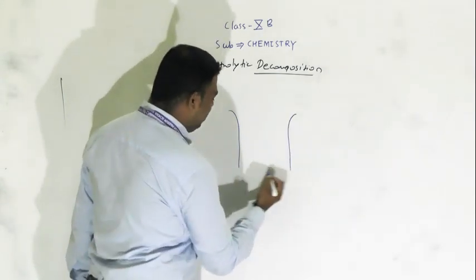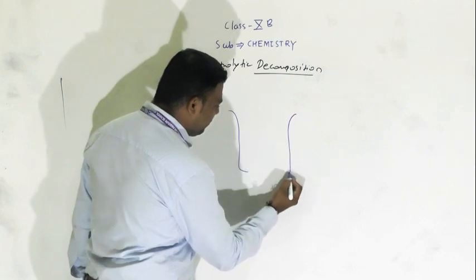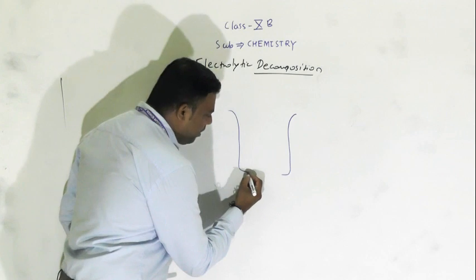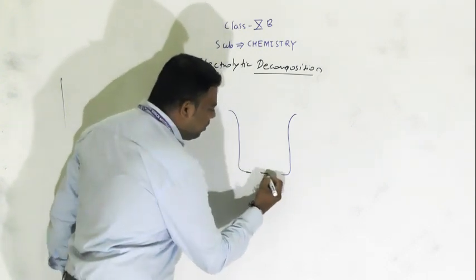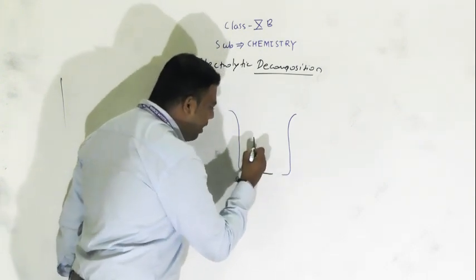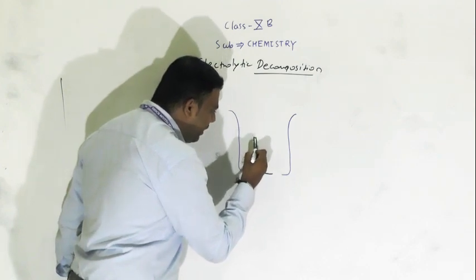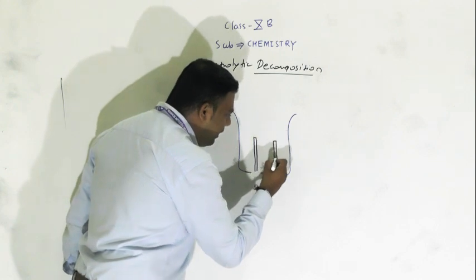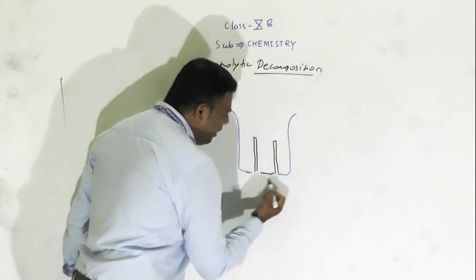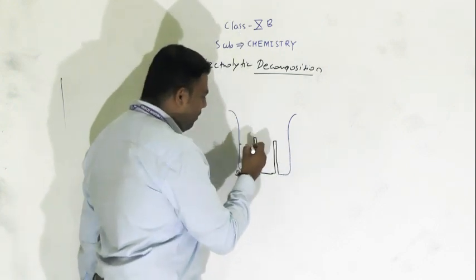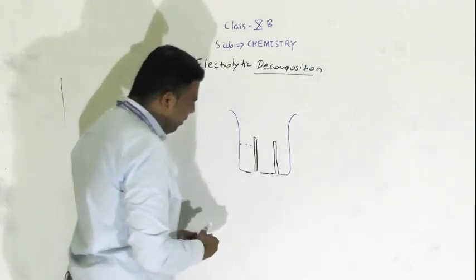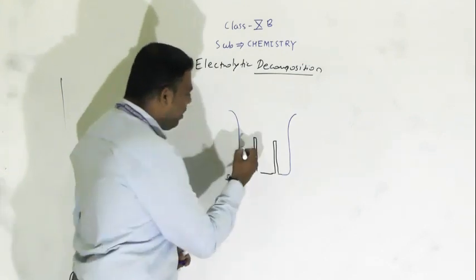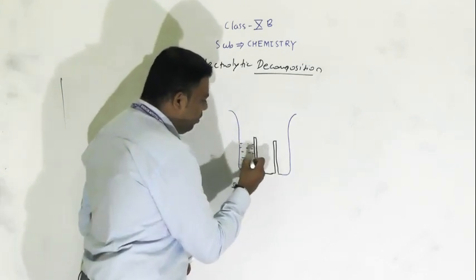So see here, plastic mug. Here we have to take a carbon electrode, or we can say graphite electrode, in that plastic mug. And we have to fill this with water, whatever your plastic mug is, up to this level.